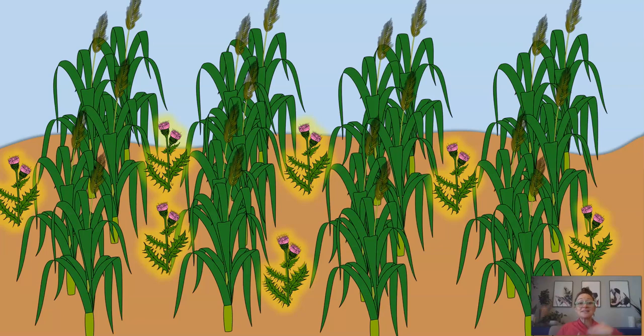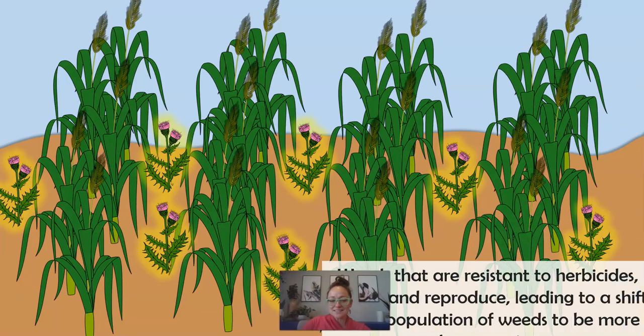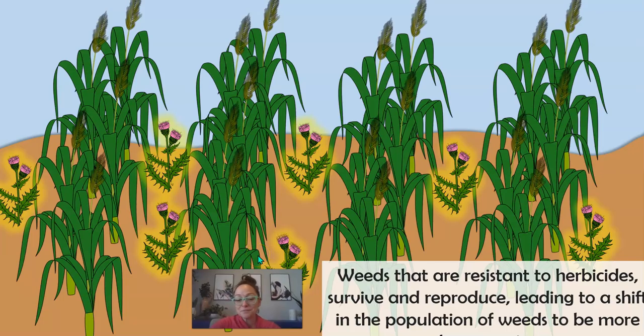As the plants or insects evolve resistance, we develop stronger chemicals, and then they evolve resistance to those, and then we get stronger ones, so it's an ongoing evolution between man and nature. The slide says weeds that are resistant to herbicides survive and reproduce, leading to a shift in the population of weeds to be more and more resistant. Sorry, I think the "more and more resistant" got cut off.